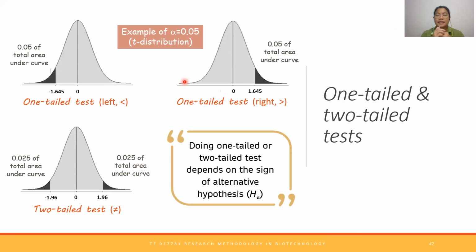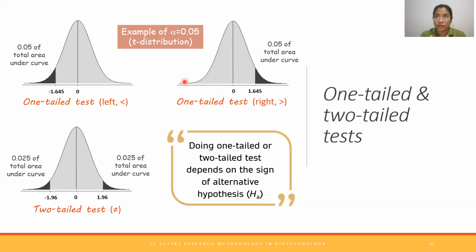Now let's see about hypothesis testing, the statistical testing. In this slide I have the example of testing on the t distribution. This can be applied to any type of distribution curve.